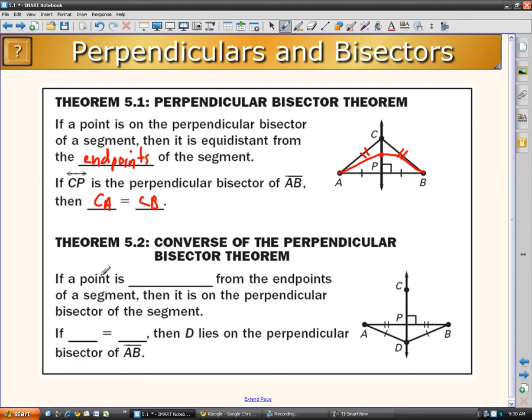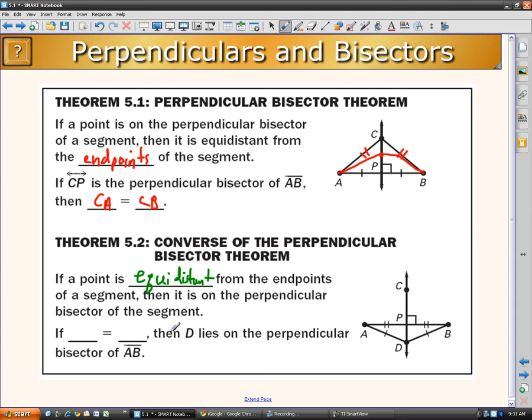So if a point is equidistant from the endpoints of a segment, then it is on the perpendicular bisector of the segment.